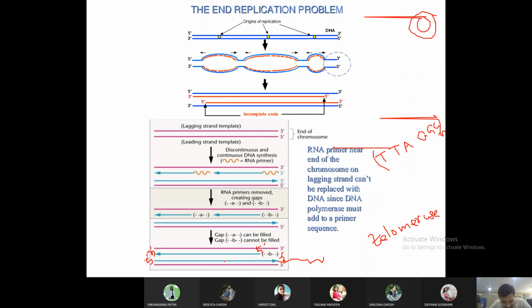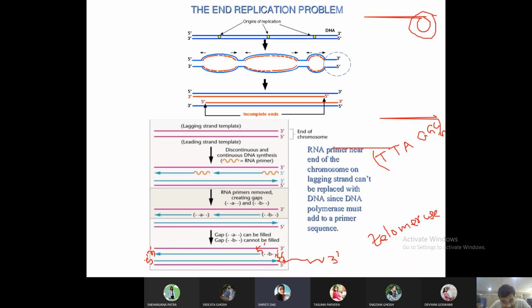So this is 5 prime, this is 3 prime. So this DNA can be extended. DNA extends from 5 prime to 3 prime, correct? So theoretically extension is possible, but there is no template over here. Template has ended here. So who will give the template? Do you know who gives the template? Have you read who gave the template here? Any idea?